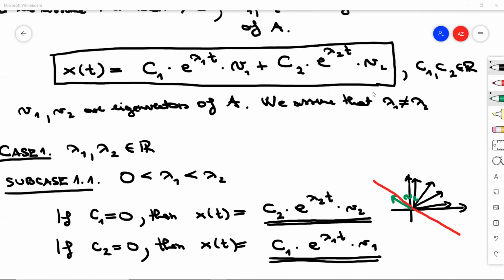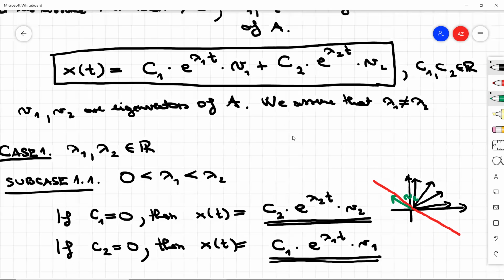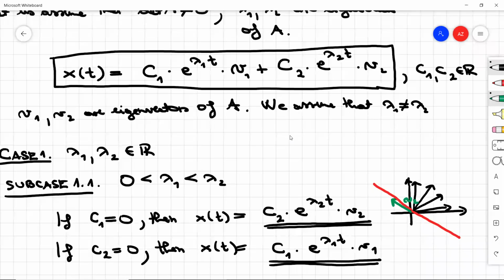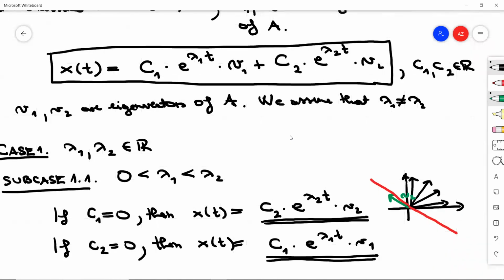Yes, so this is the solution in the chat. Jure says that they need to be orthogonal. This follows from linear algebra: if you have a symmetric matrix, then the eigenvectors are orthogonal.